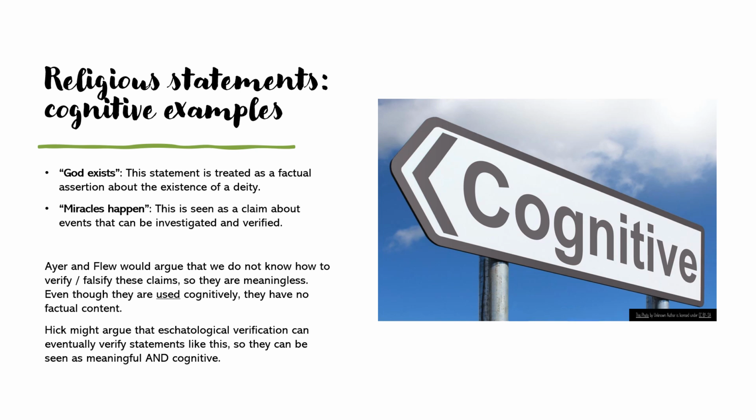So when they say that, they're treating it as a factual assertion about the existence of a deity. So that's a real God that really exists. Another one could be miracles happen. So again, that's a cognitive example because we could investigate and check that. We might not be able to absolutely verify or falsify it, but we could have a go.